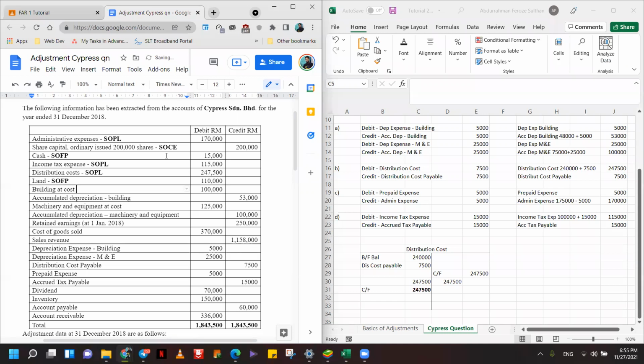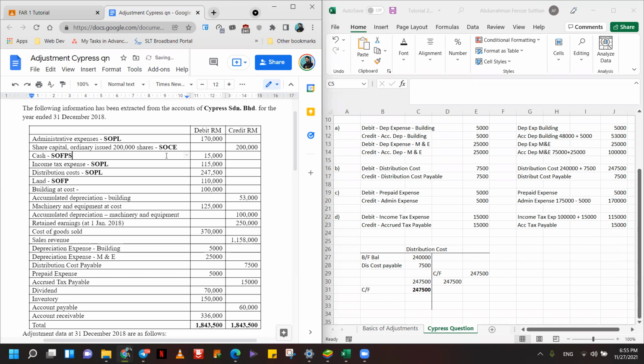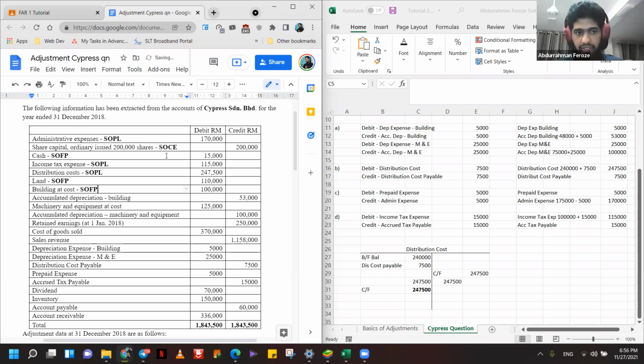Is it an asset? The building at cost, is it asset or expense? It's an asset. Okay, SOFP.